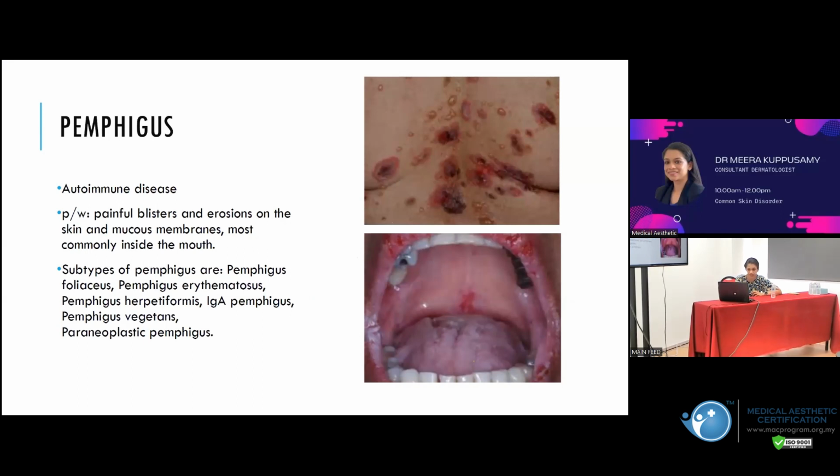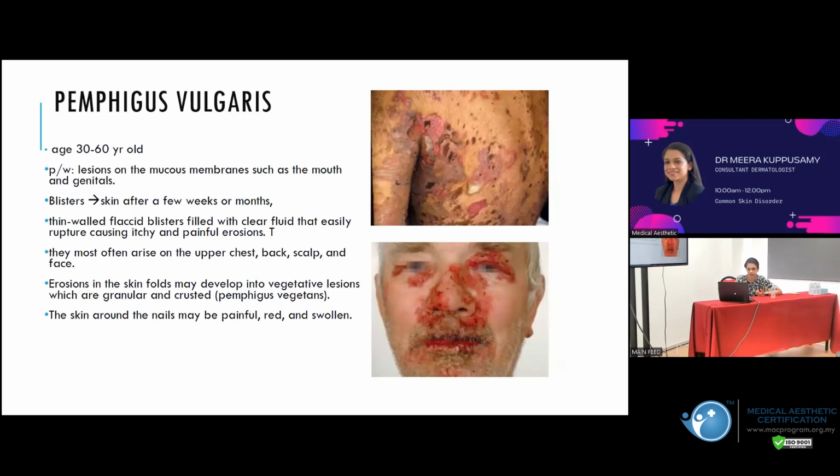So it's very, very distressing. And there are a few subtypes of pemphigus, so it can look different. This is more severe. It can occur in any age group, but children rarely have it. So it's young adults to elderly.